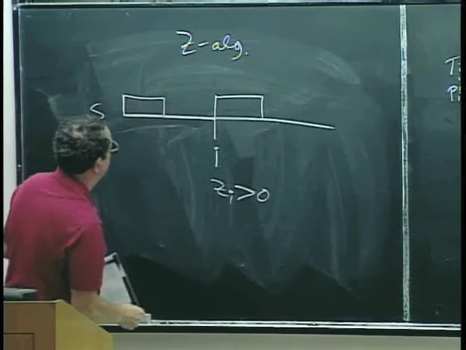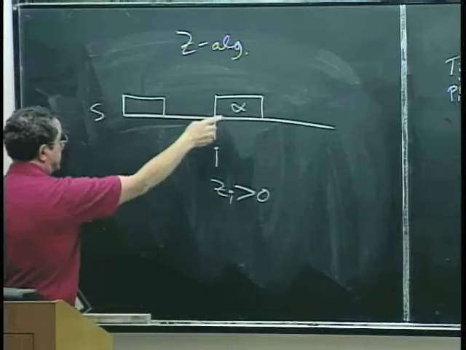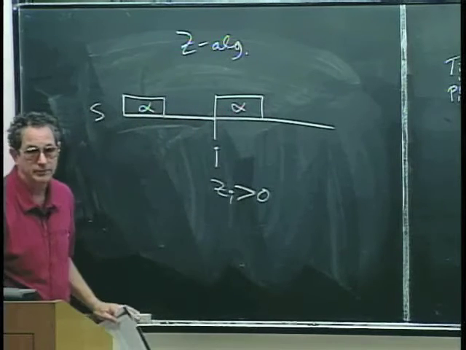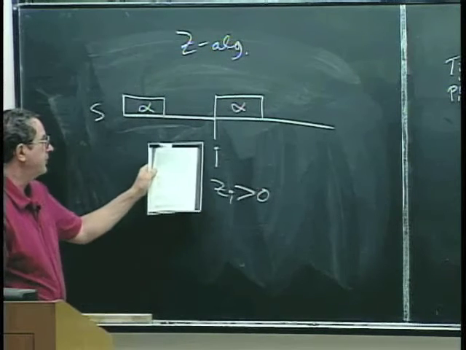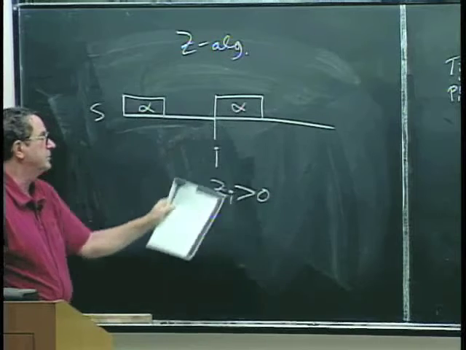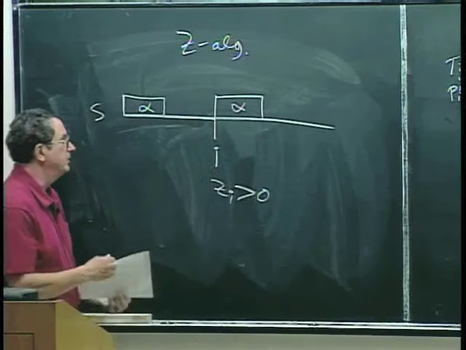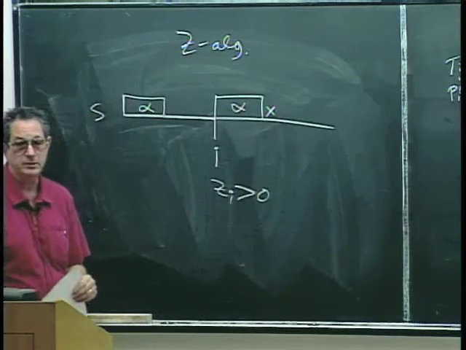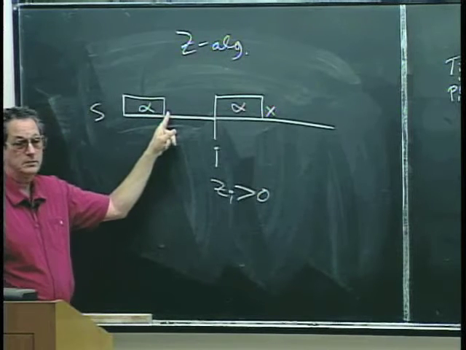So if I give that string the name alpha, this is also an occurrence of alpha. And by definition, this is the longest substring that starts at position i that matches a prefix. So if the next character after that occurrence of alpha is X, what do we know about the character here?